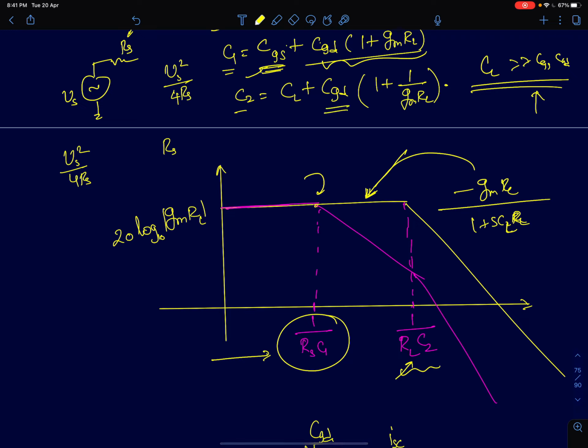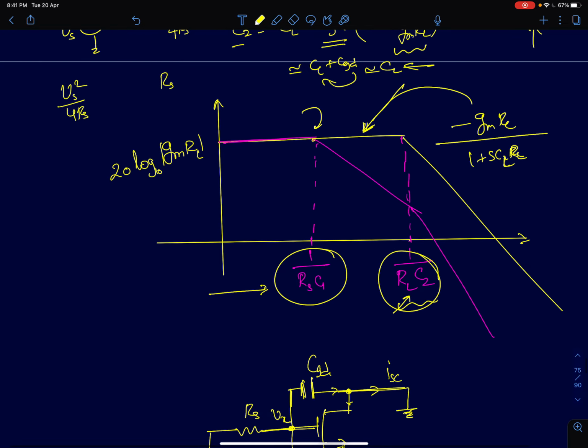Since CGD is a very small value and since the gain is a really large value, I can approximate this to CL plus CGD, and since CGD is much smaller than CL, I can approximate this to CL itself. So that's why I haven't shown the second pole changing much. I've written it as 1 by RL C2, but I can approximately call it 1 by RL CL as well. It's very close to what it was before.